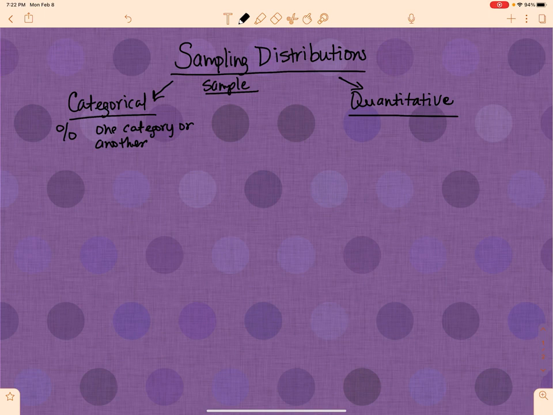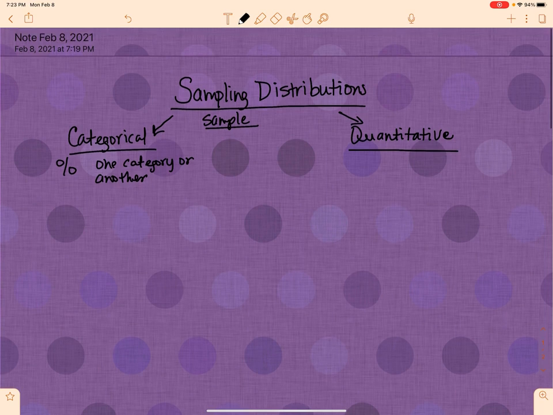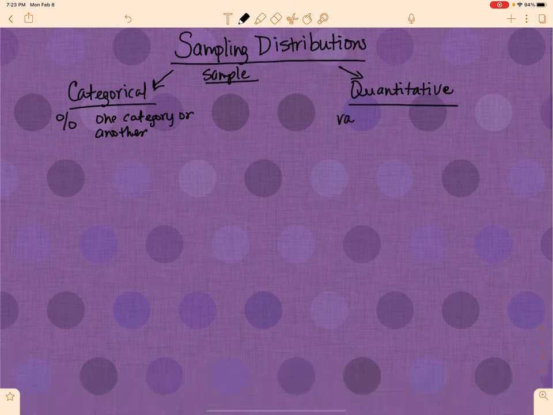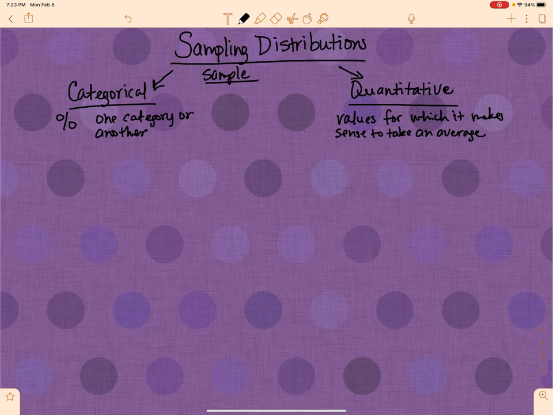With quantitative, you're going to be looking for values for which it makes sense to take an average or otherwise manipulate mathematically. So in other words, here you don't just have two outcomes, it either fits into one category or another. For this one, you're going to have lots of different values that average together.